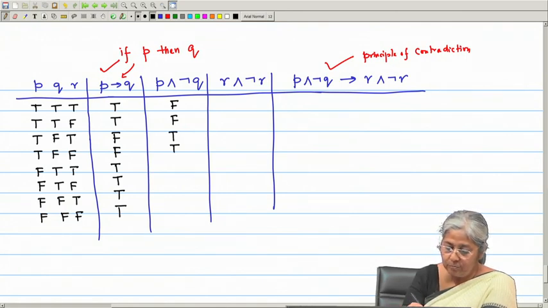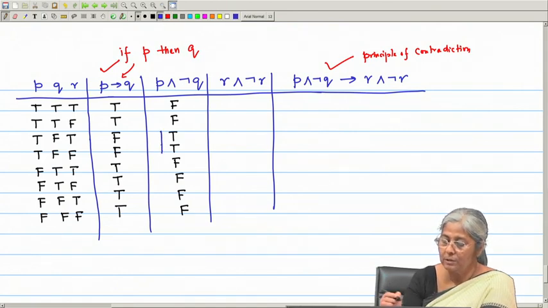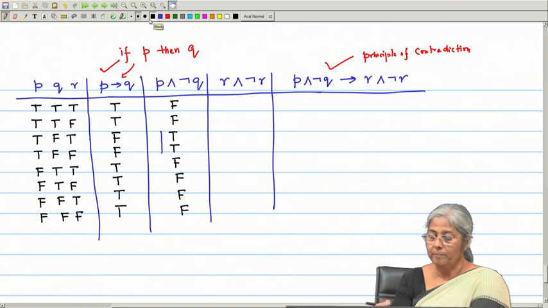Next two are true, then again negation Q is false, so this is false. Again these are false. So, except these two, these are false.